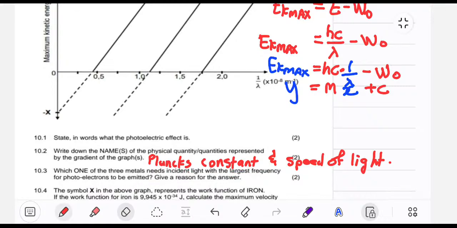The question is asking, between the metals, which one has the highest threshold frequency? Because which one of the 3 metals needs incident light with the largest frequency? So which one has the largest threshold frequency?